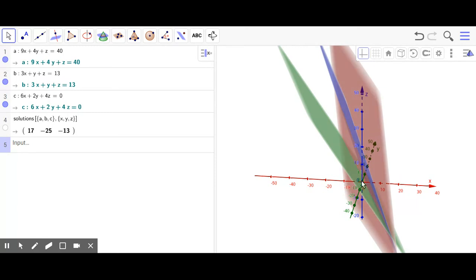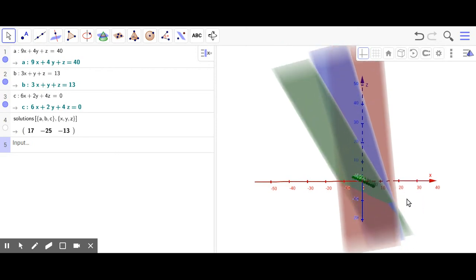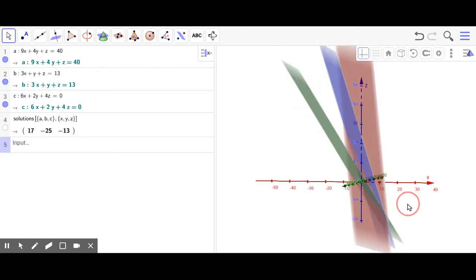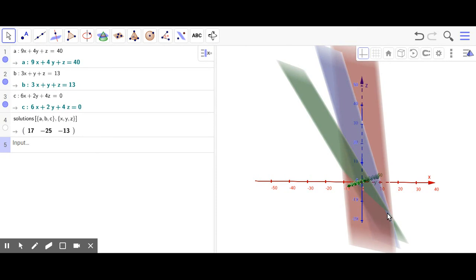Y, which is this one here, y is down negative 25. And then the z is negative 13, so it's down on this blue axis down here. So that is where our solution is.